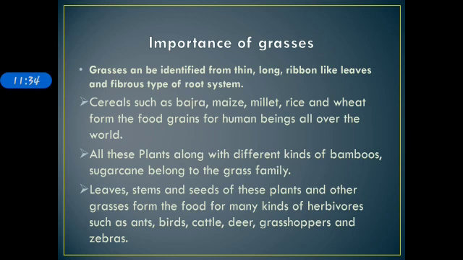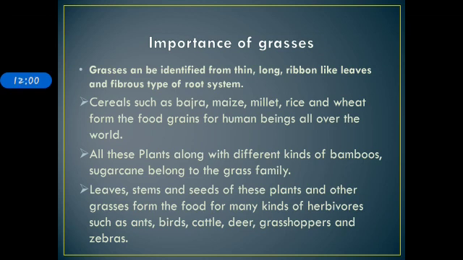Right? We use bajra, maize, millet, rice, wheat in our regular diet, regular food. All these plants, along with different kinds of bamboos and sugarcane, belong to the grass family. Grass family means a particular type of leaf. Okay, they produce all these kinds of food.